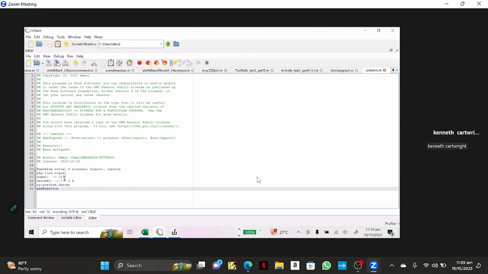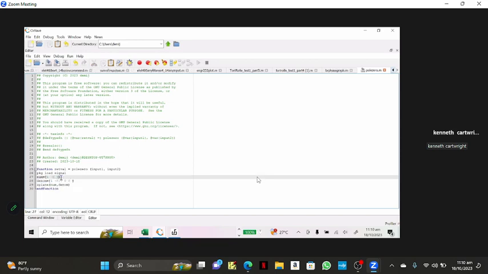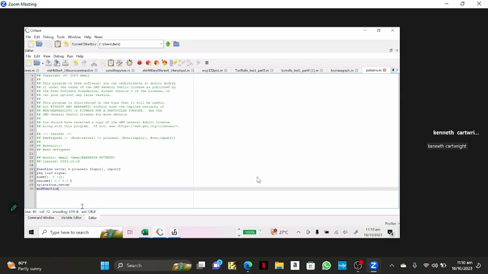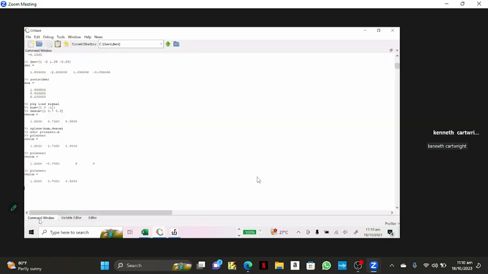So numerator 1, 0, -1. And the denominator 1, -0.7, 0.3. Do that again. Okay, there we go.